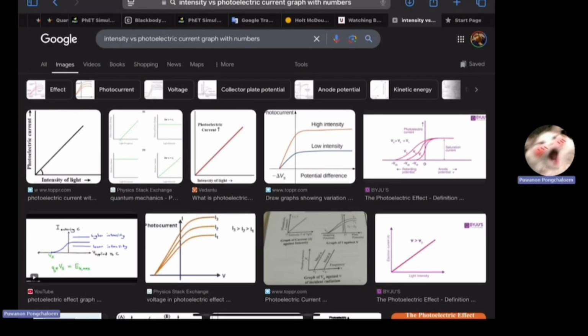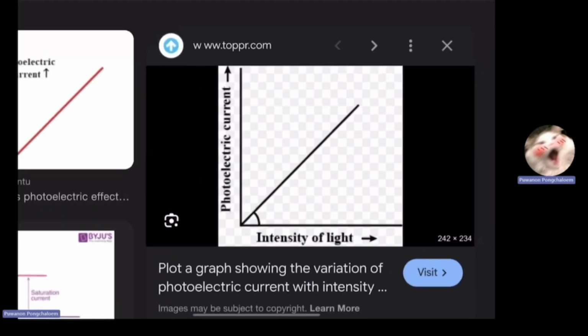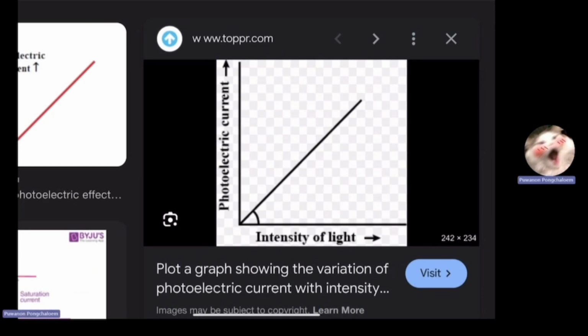Another important graph to look at is the intensity versus photoelectric current graph. In the photon model, increasing intensity means increasing the number of photons hitting the metal, which increases the number of electrons ejected and the current. You can see it in this graph.